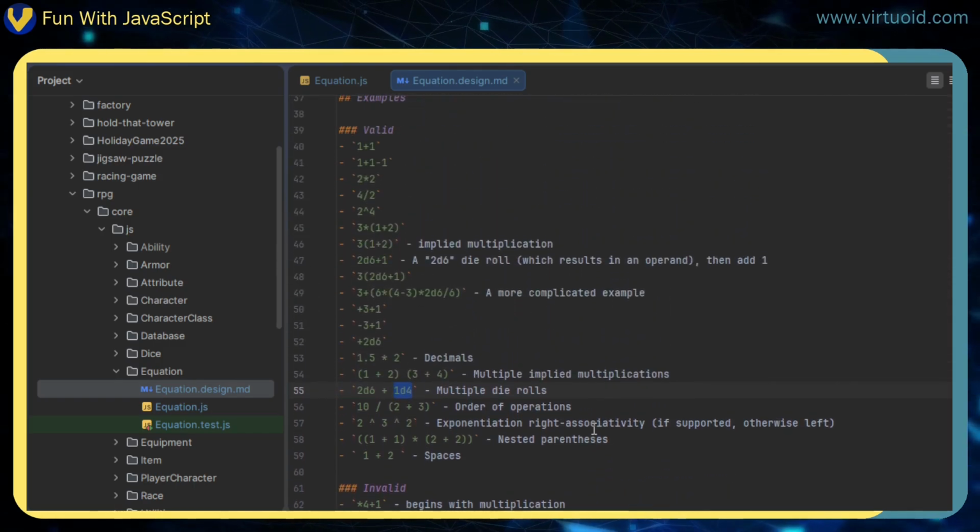So the idea here, and I'm going to go through very quickly how it's going to really work, is that we really have two basic types of data here. We have what's called an operand and an operator. And an operand is, if you take a look at the very first equation here, that 1 plus 1, an operand is an actual number. So it's either the number or the dice roll or something like that.